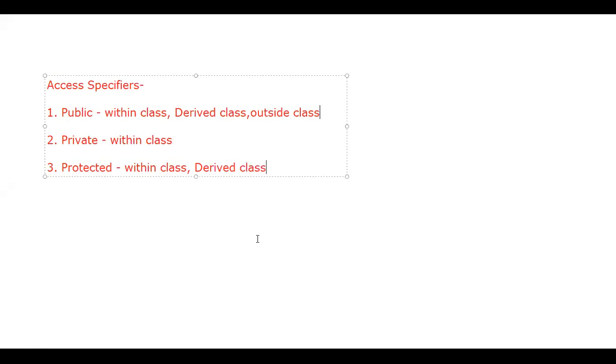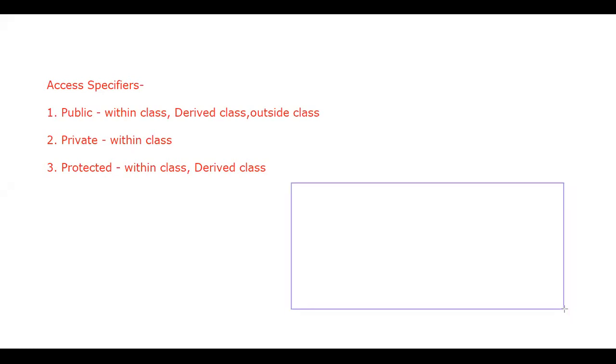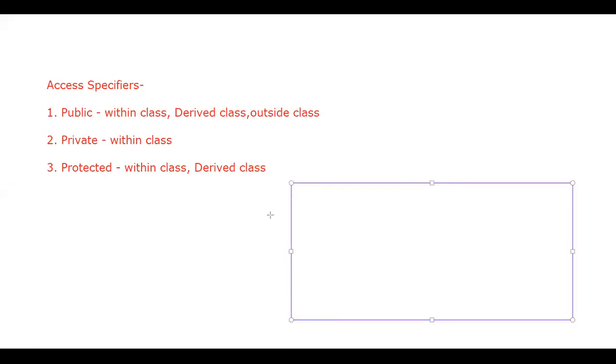Okay, so for this purpose I will draw one table so you will get a better idea, and just remember this table for your exam also. I'll consider the three different access specifier modes.